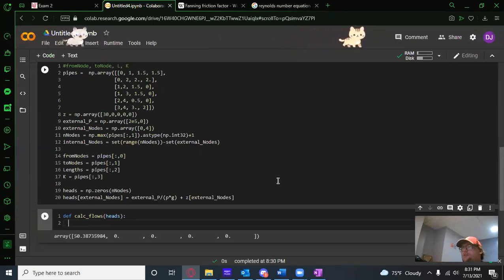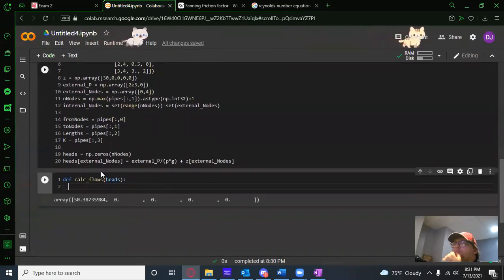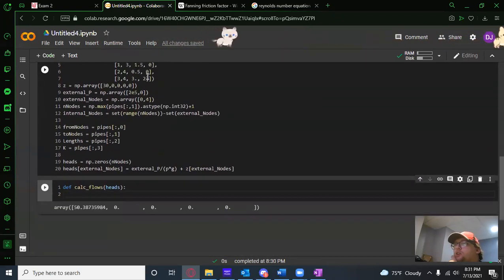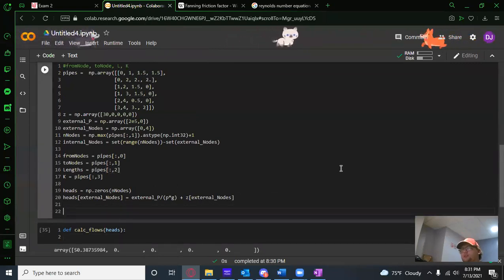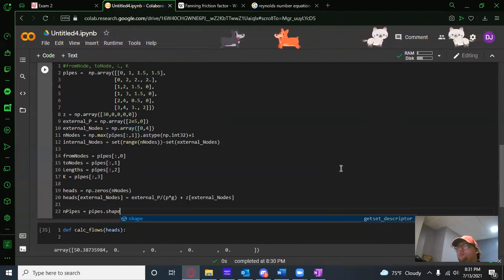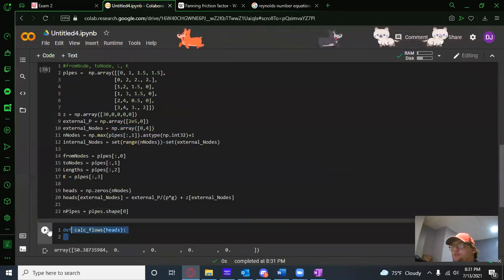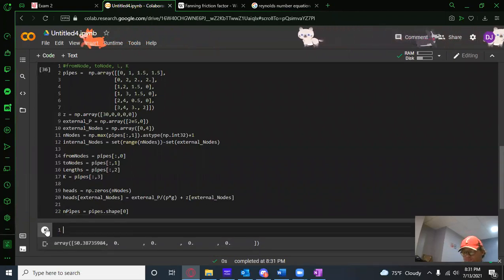But for our flows, instead of doing it by the node, our flows are by the pipe. So what we need to do is number of pipes is equal to pipes.shape[0]. So let me go ahead and delete this real quick. Oh, we'll get back to it.